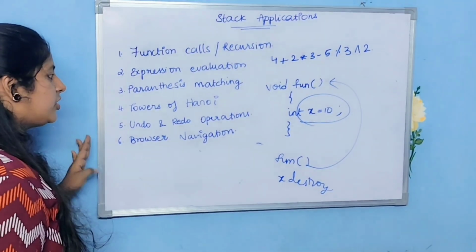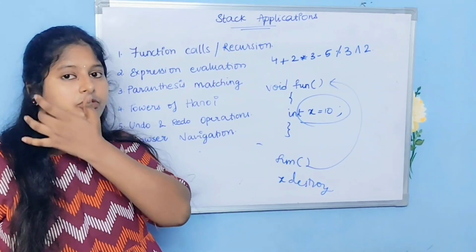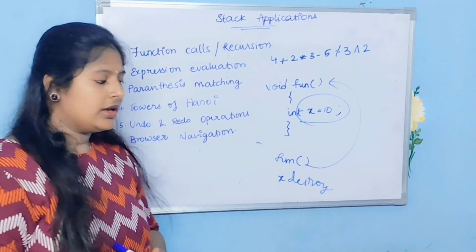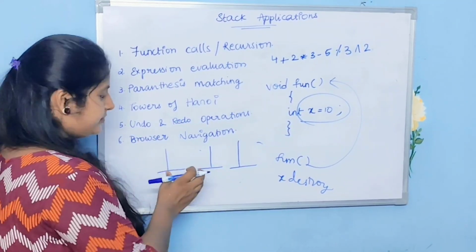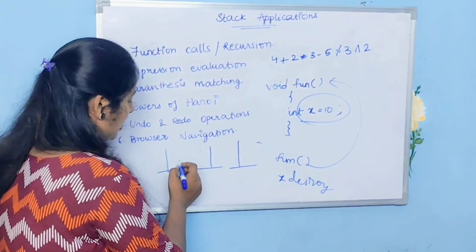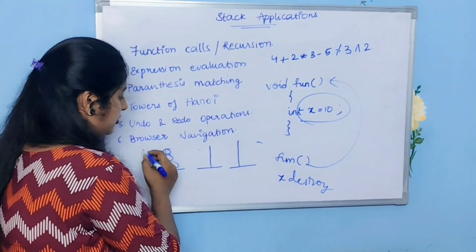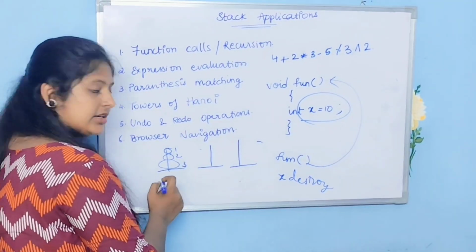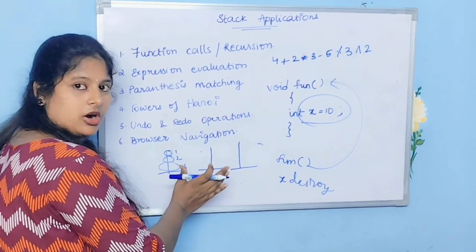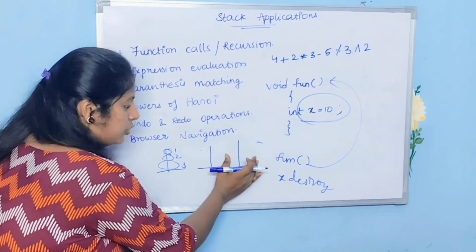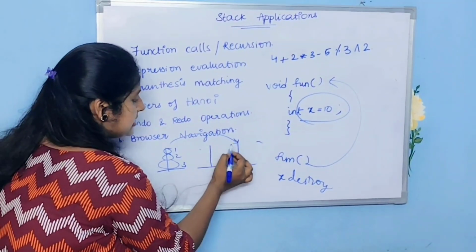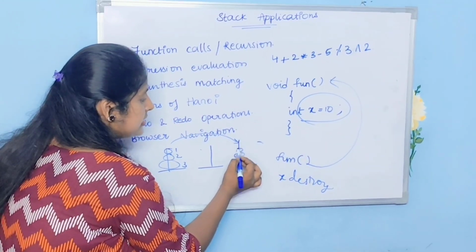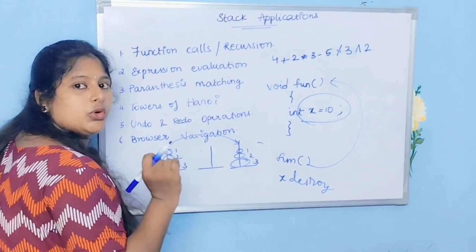Now it is also used for Towers of Hanoi. Towers of Hanoi is a game, okay? It has 3 discs: the first disc, second disc, third disc. I have 3 rings. I hope you have played this game some time or the other. So without changing the order, you have to place all these in the third disc, following a few rules.